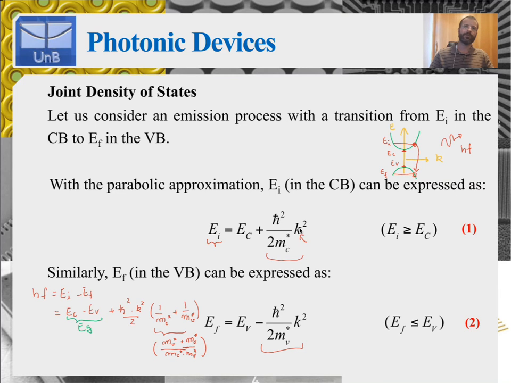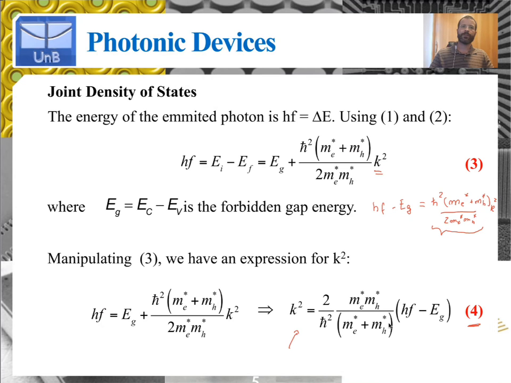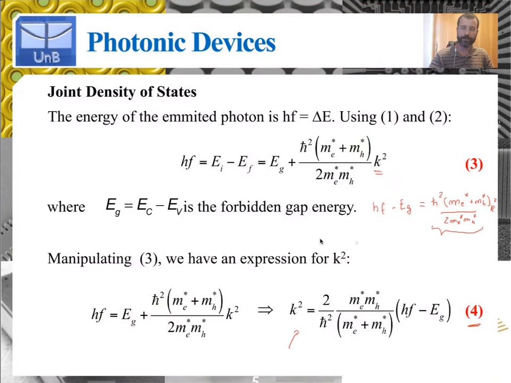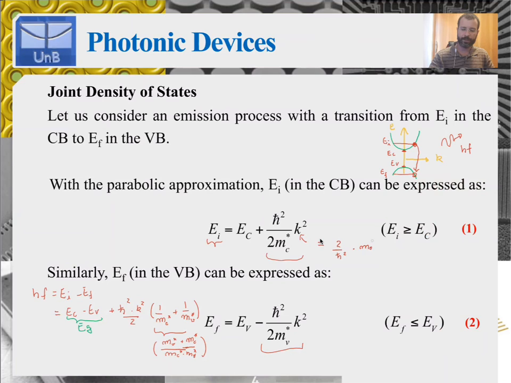If we substitute k squared here, we have 2 over h bar squared times me star times mh star divided by me star plus mh star multiplied by hf minus Eg.